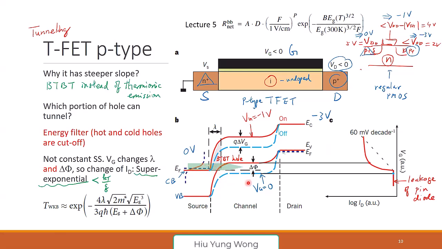Then they can tunnel into your valence band, even if they don't have the same energy. Here we're talking elastic tunneling, so you have the same energy. In that case, you have worse performance. So there's still a lot of things to solve in the tunnel FET. But I don't know if they're in production. Of course, they definitely have a lot of experiments going on in the foundry. Okay.